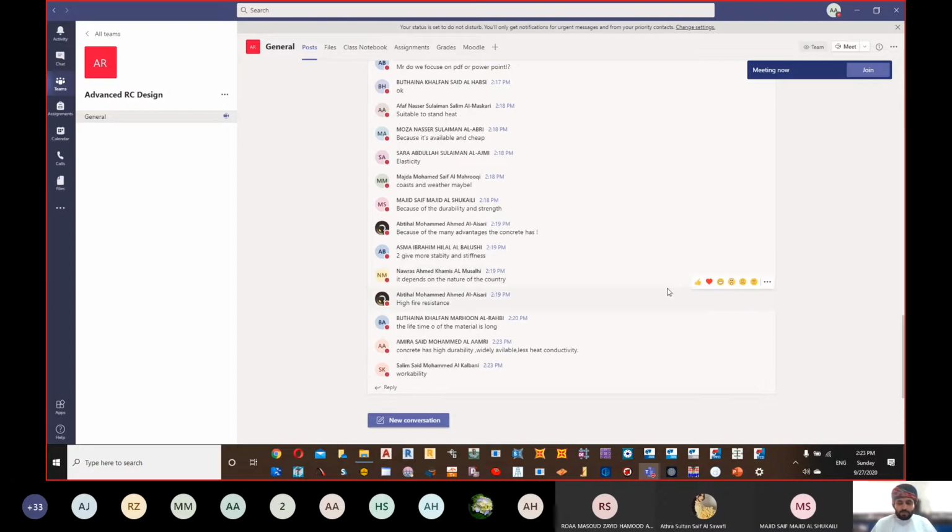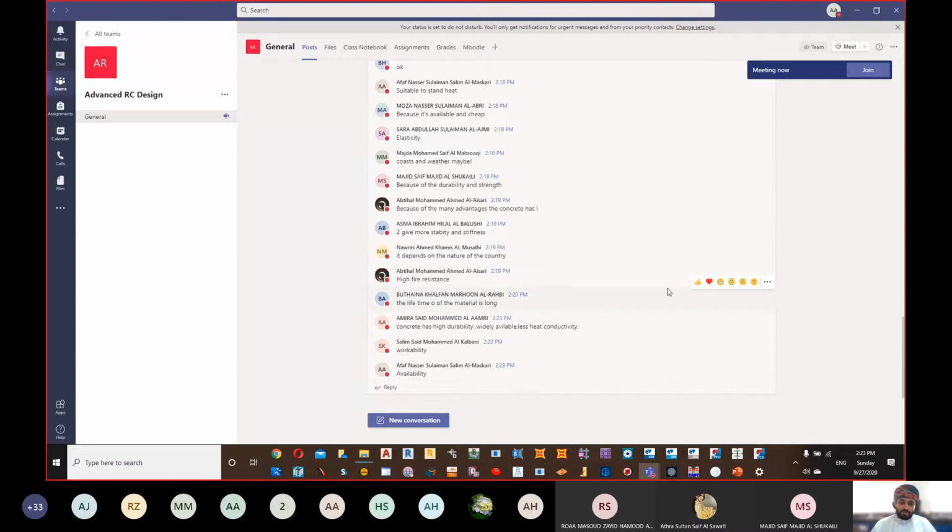Okay. So normally when it comes to design, there are two main things. One is the ability to withstand heat or fire, and the other is whether it can withstand moisture.